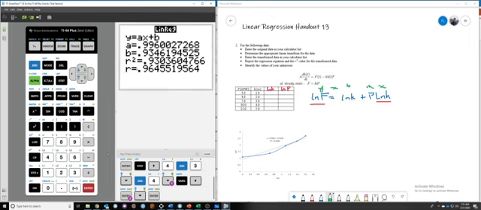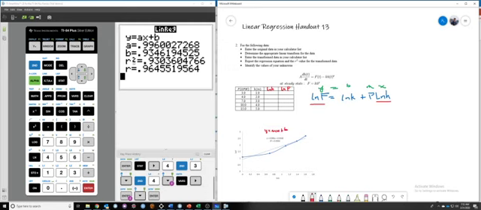For my y equals ax plus b equation, my linear regression equation is y equals 0.996x, which is what we see up here, plus 0.9346, which is my b. So here's my y equals mx plus b, my linear equation.